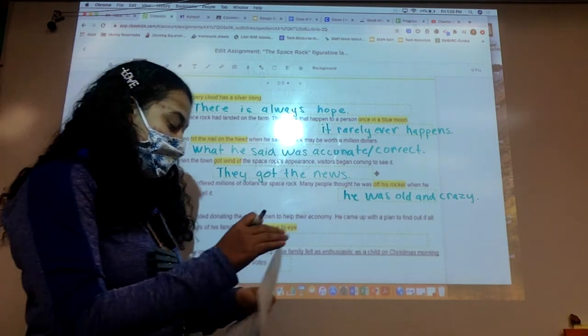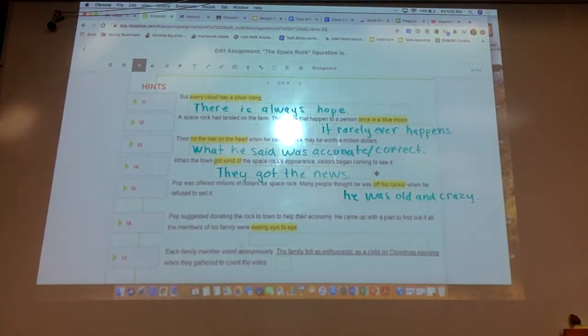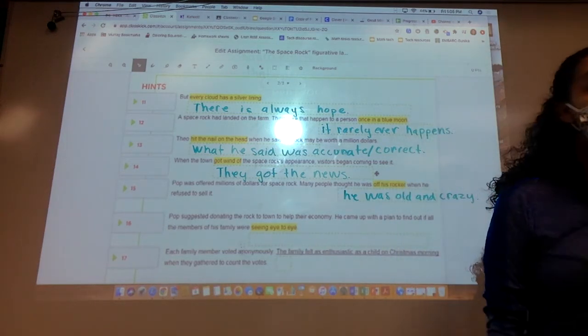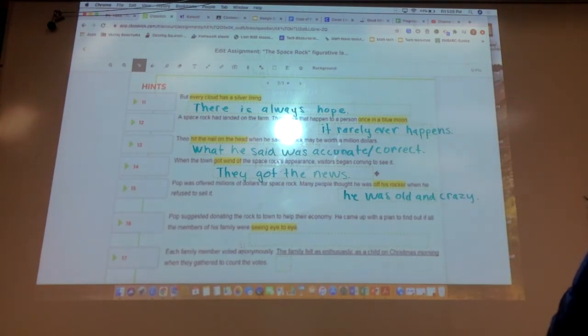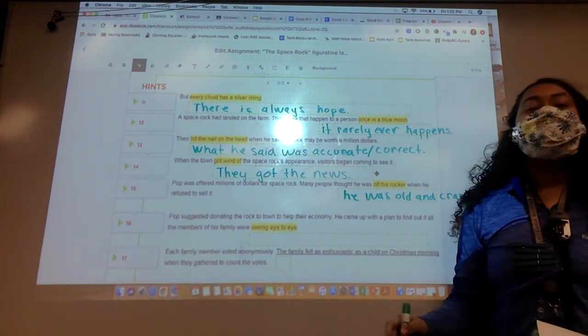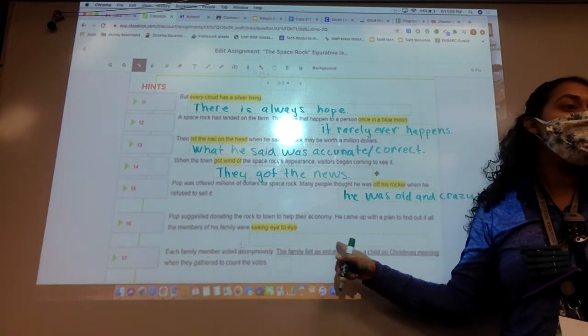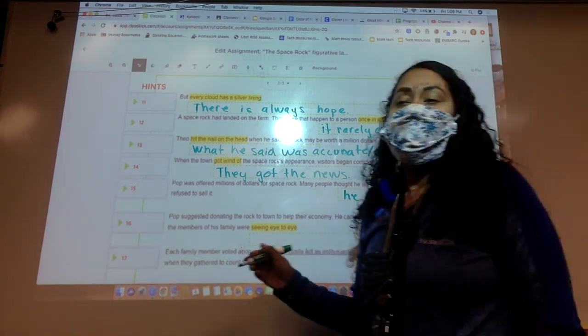Pop suggested donating the rocks to town to help their economy. He came up with a plan to find out if the members of his family were seeing eye to eye. So did he really want to find out if the family members were seeing eye to eye? They were seeing the same thing. If they all had the same opinion, right?